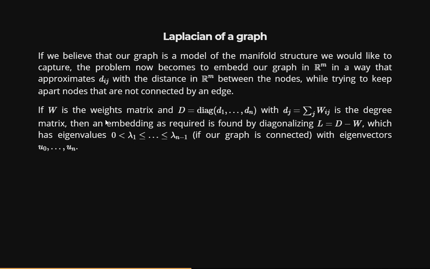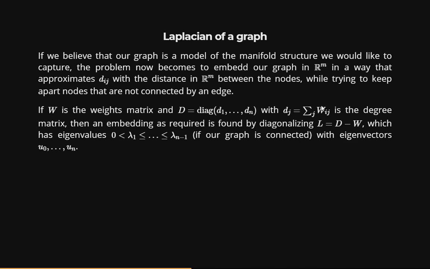Now, write down the weights matrix and compute the degree matrix. I mean, this is a symmetric matrix. The degree matrix is a matrix that on the diagonal has the sum of the columns, rows, whatever you want, of the weight matrix.